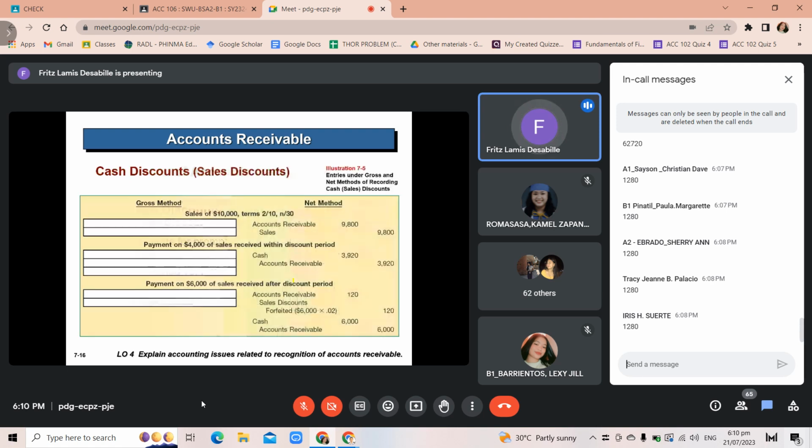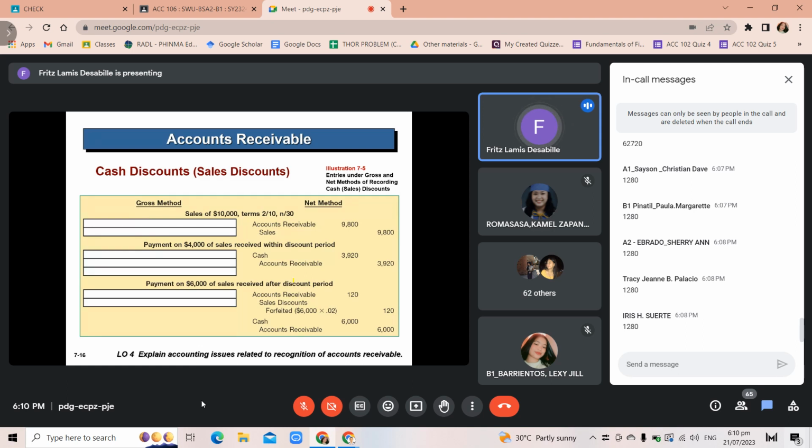Okay, so here is a comparison. Since it is fill in the blanks, I'll give you guys a minute to fill in the blank.